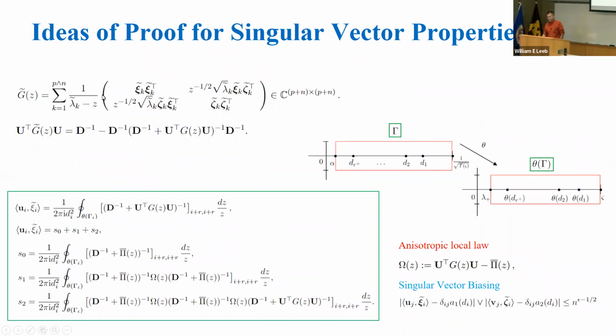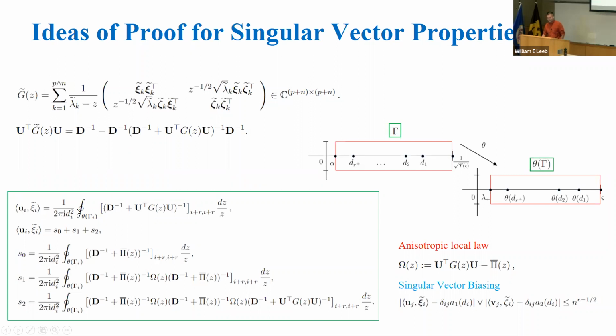And the same idea can be used to prove the result for the singular vector inner product. We can write the resolvent tilde G in this form using a Schur complement decomposition. You can see in this decomposition, it only has a component decided by the left singular vector and the biased right singular vector. So if U times U transpose times U, then somehow you can see the inner product of the original singular vector with the biased singular vector. For example, here we want to study the left singular vector inner product.